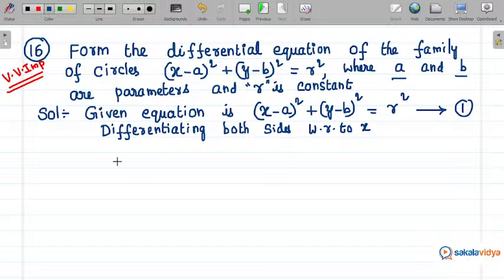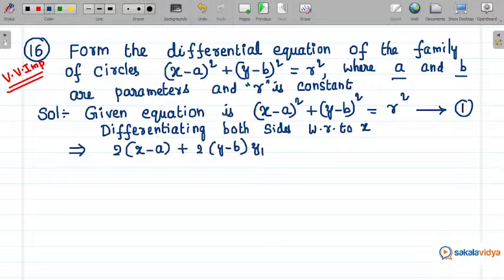So x minus a whole square differentiation becomes 2 times x minus a. Again x minus a differentiation is, a is an arbitrary constant so 0, and x differentiation is 1. So 2 into x minus a. In a similar manner, for y minus b whole square, it is very, very important while writing: 2 times y minus b, but y minus b differentiation is y derivative y1, b derivative 0.